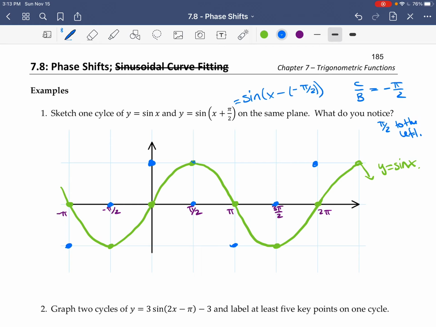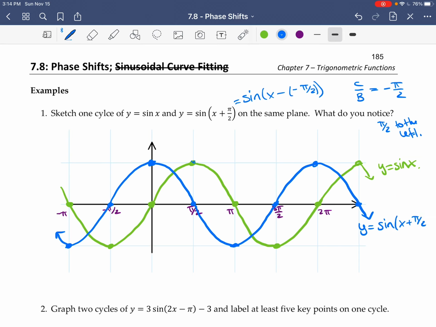And I'm going to get a graph that looks like this. This is actually going to go through here. Okay, so this graph is sine of x plus pi by 2.